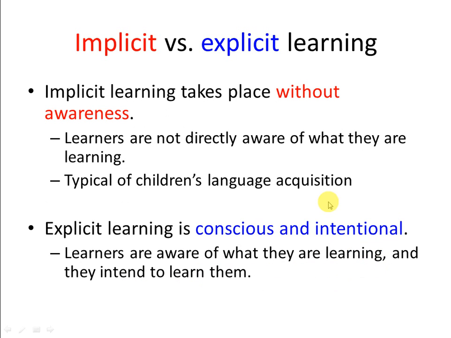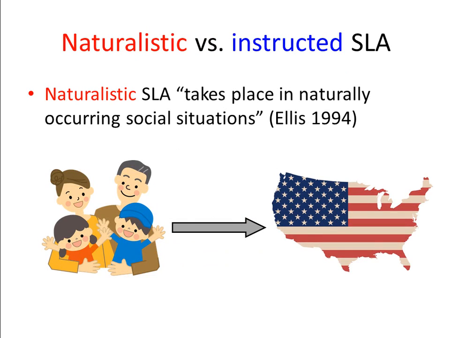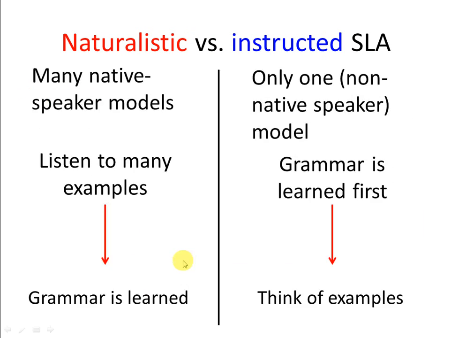So implicit learning takes place without awareness. So learners are not directly aware of what they are learning. And this is typical of children's language acquisition. So even though children are learning a language, they are not really aware of what they are actually learning.